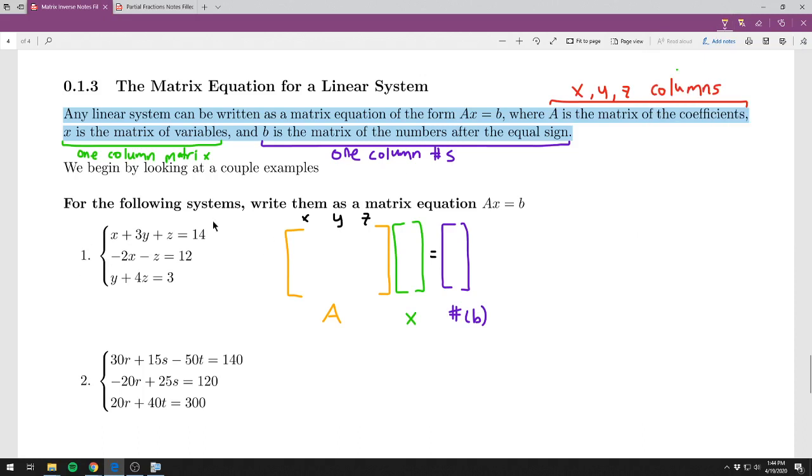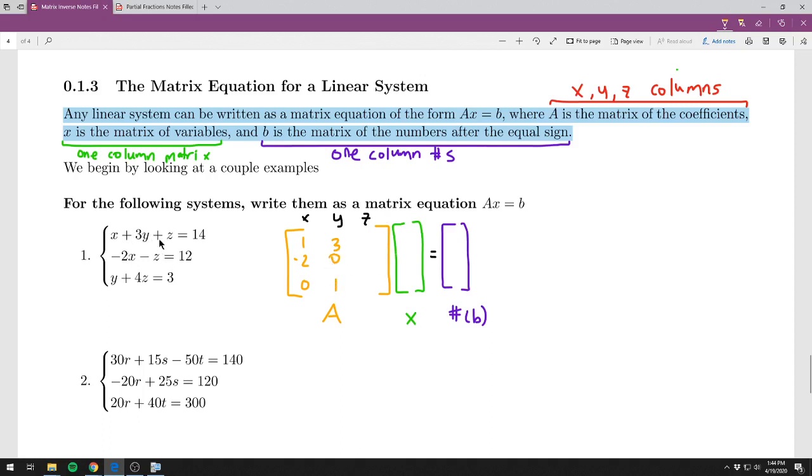So for the matrix A, you just fill out the X, Y, and Z columns like we did before. The X column, just be careful about missing letters here. We would have 1, -2, and 0. The Y column, we would have 3, 0, and 1.